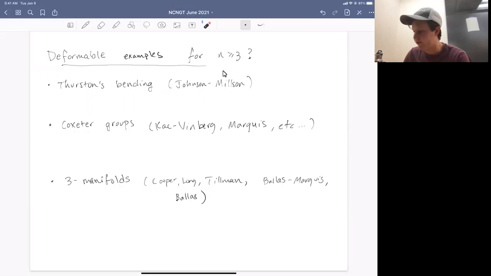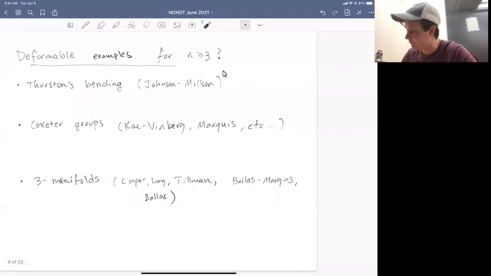There are all sorts of Coxeter group constructions which are inevitably confined by the dimension due to, for instance, Kac-Vinberg and Marquis, and there's some ongoing work on this going to convex co-compact situations and so on. And then there are some specific three-manifolds realized as knot complements. Cooper-Long-Tillmann, Ballas-Marquis, and Ballas have shown that there are deformable examples here. So there are interesting examples of convex real projective structures which are new and different.